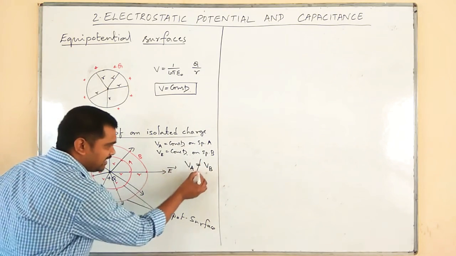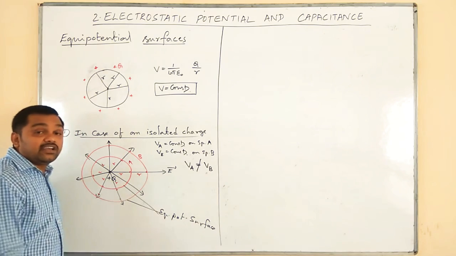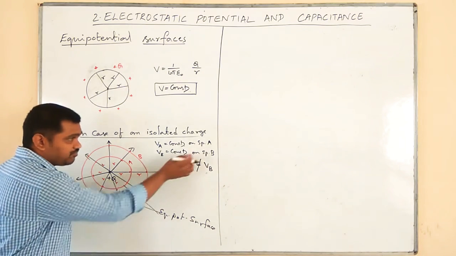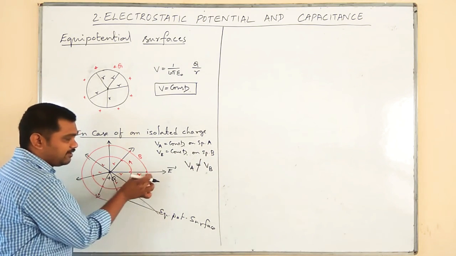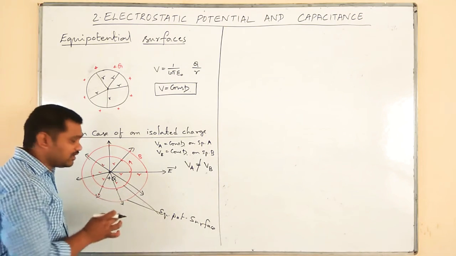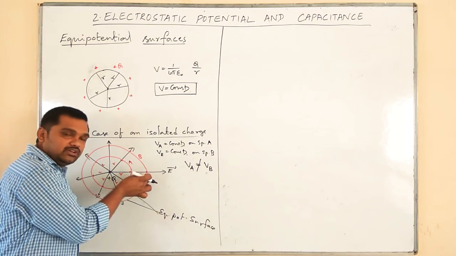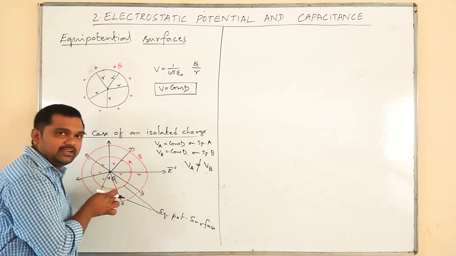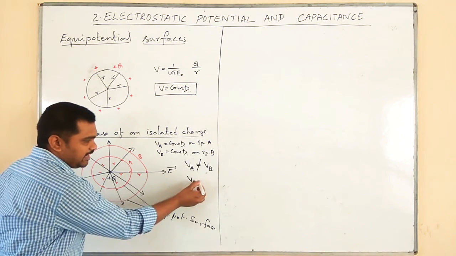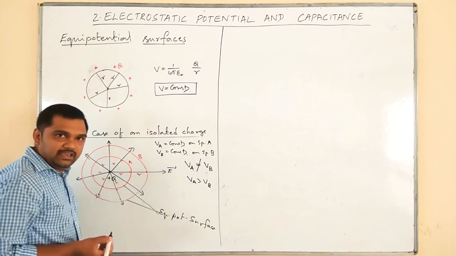VA is not equal to VB, because for this we take small r, for this we take 2r. Therefore, the electric potential at this point is more compared to the electric potential at this point. Therefore, VA is greater than VB.